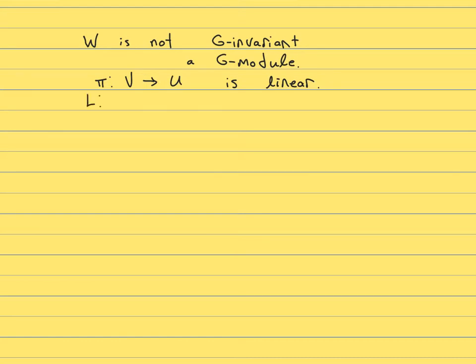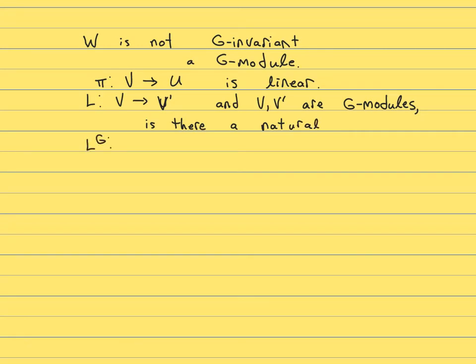If you've got a linear transformation between two G modules in general, can you construct a G invariant linear transformation, which means one that actually preserves the group actions, so that you actually get a homomorphism between the two representations.